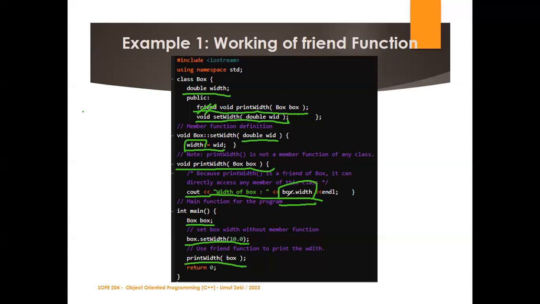So instead of using a getter function, here we use a friend function. This is how we can use a friend function.